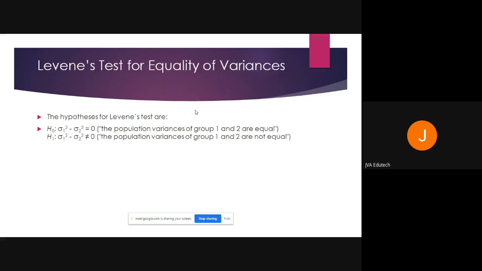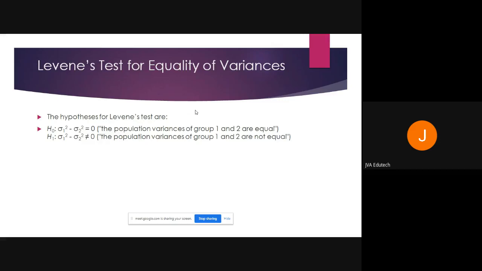And then, since it is an independent t-test, you have to check for homogeneity also. So you will write this hypothesis for Levene's test of equality of variance also. I have shown you sigma 1 is equal to sigma 2, sigma 1 square is equal to sigma 2 square, and sigma 1 square is not equal to sigma 2 square. Or you can write it as sigma 1 square minus sigma 2 square is equal to 0, or sigma 1 square minus sigma 2 square is not equal to 0.